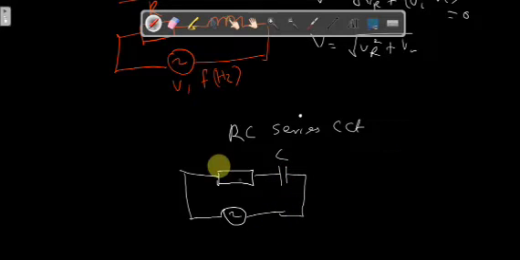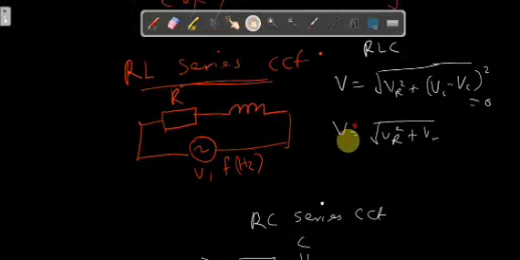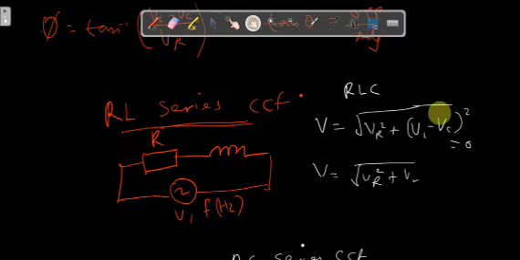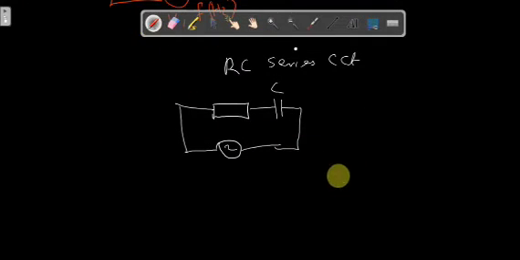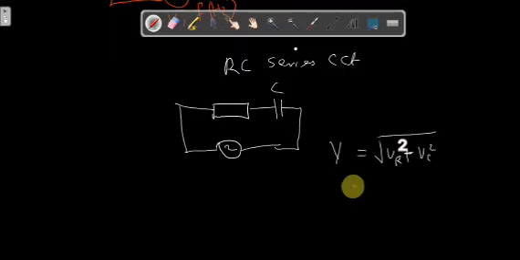In this case, you find out that VL becomes 0 and the square of a minus becomes plus. So the voltage in the circuit becomes V equals the square root of VR squared plus VC squared. And again, before I omit that, I'm just going to have the phasor.